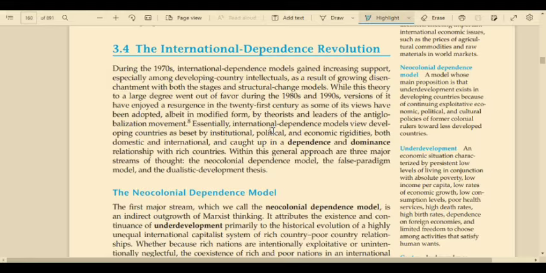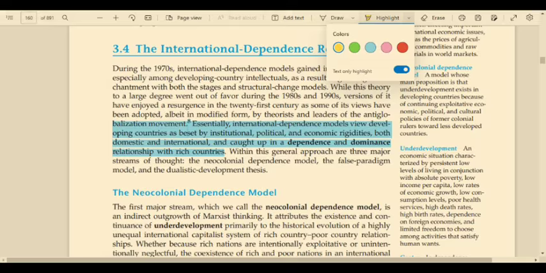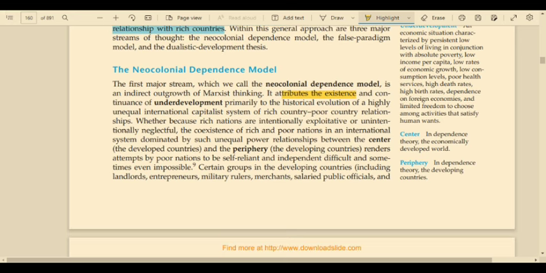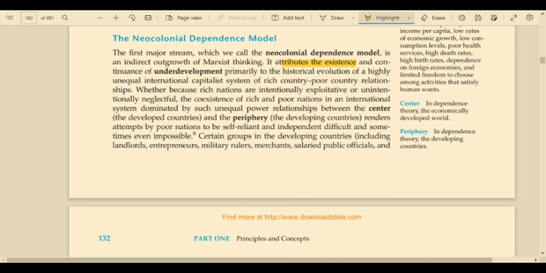Here they are talking about the terms dependence and dominance in the international dependence revolution, where international dependence models viewed developing countries as beset by institutional, political, and economic rigidities, both domestic and international, and they are caught up in a dependence and dominance relationship with the rich countries. Then we start with the neo-colonial dependence model.